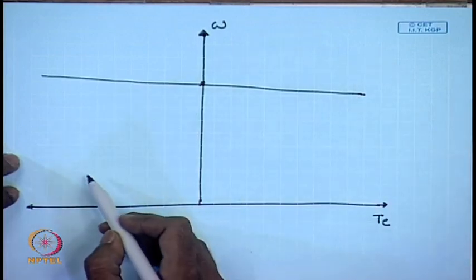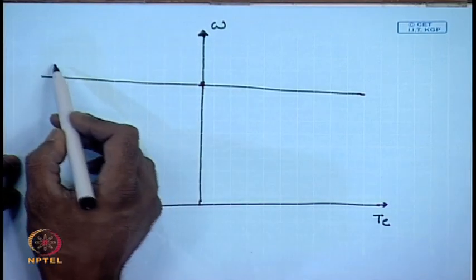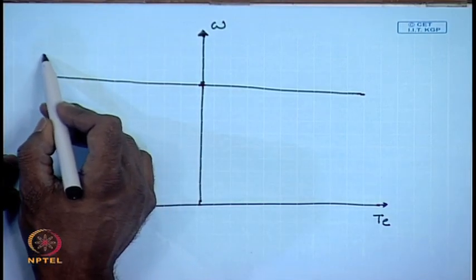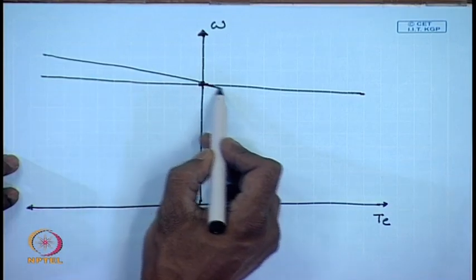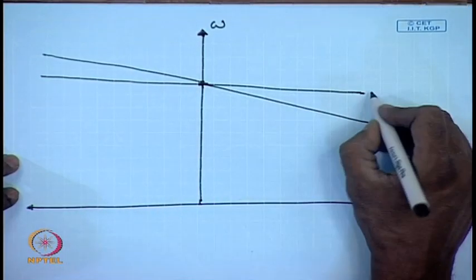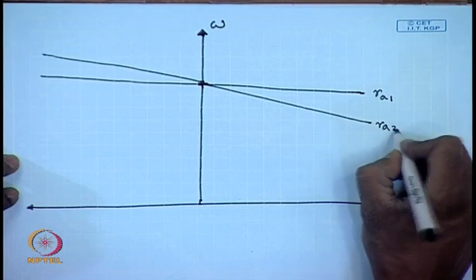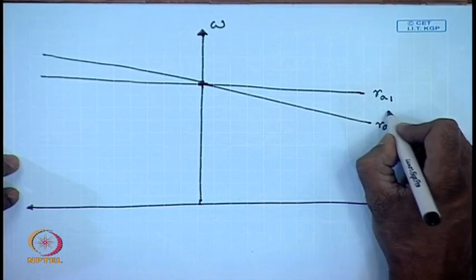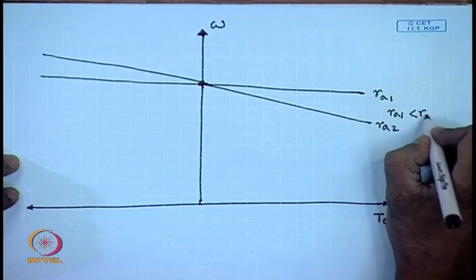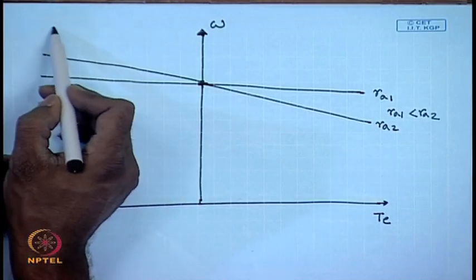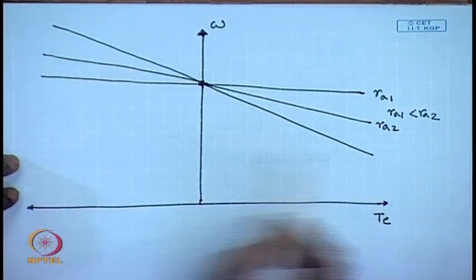Simplest thing, keeping everything else same, if additional resistance is included in the armature winding, this is RA1, this is RA2, RA1 is less than RA2. So, the slope of the torque speed characteristics can be changed.